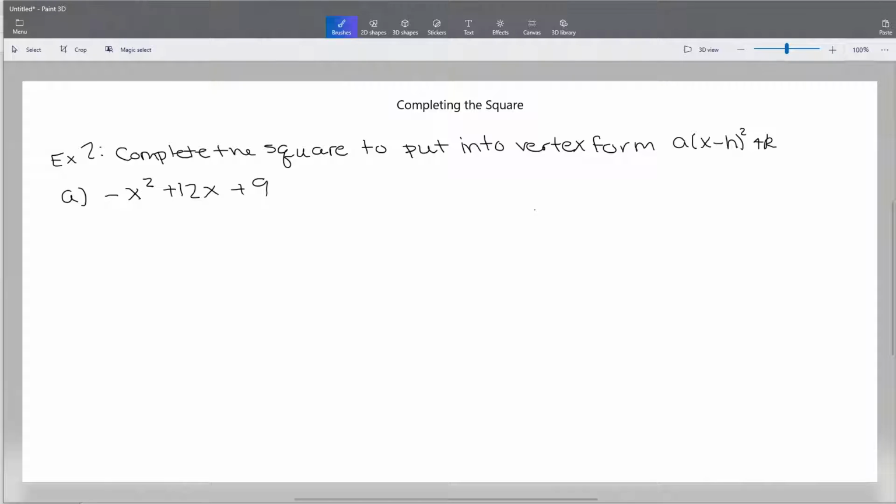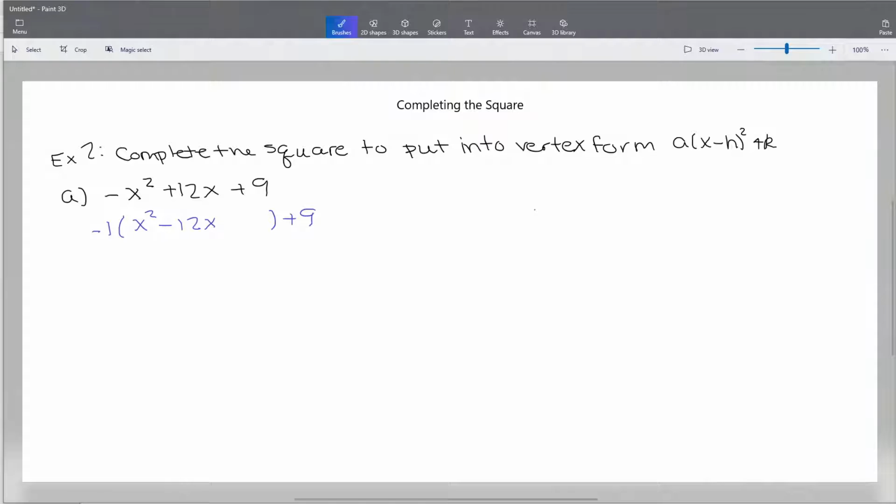We're going to use the same technique that we used for example 1. So the first thing I'm going to do is factor out this negative. So I have -1 times x squared minus 12x, and then I have my plus 9 out here.